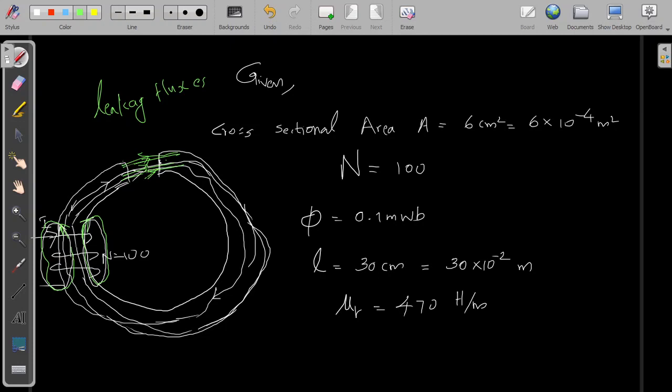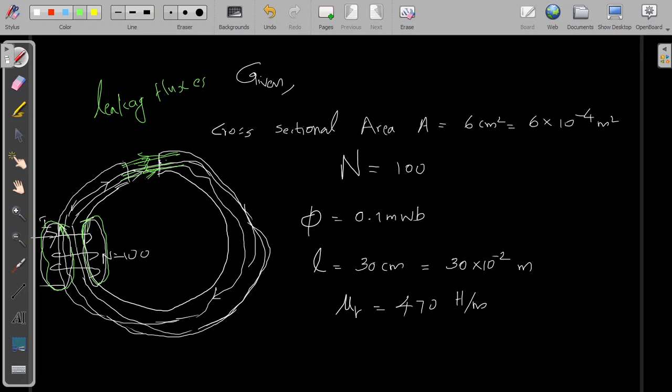But actually, it depends upon the amount of flux. Why? Because if you increase the amount of flux, the number of flux lines also increases. The number of flux lines passing through a given cross-sectional area also increases. That means the flux density also increases.